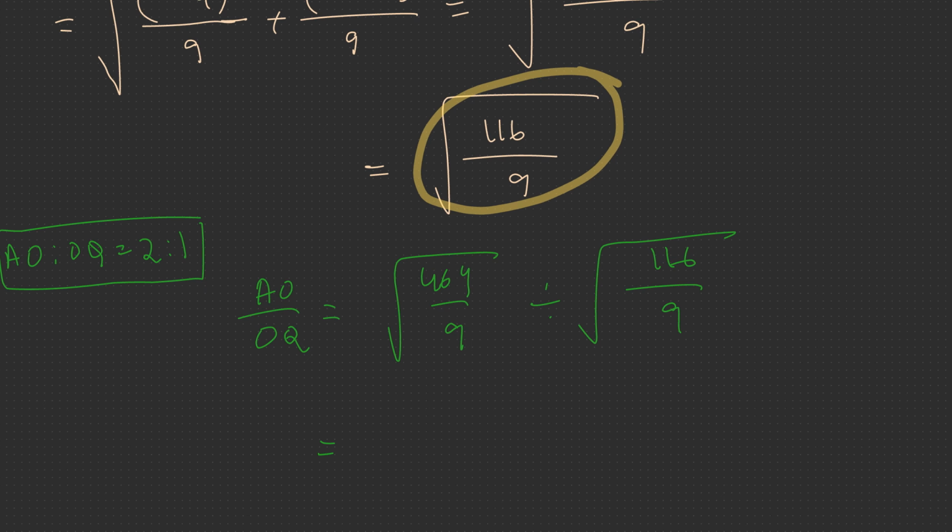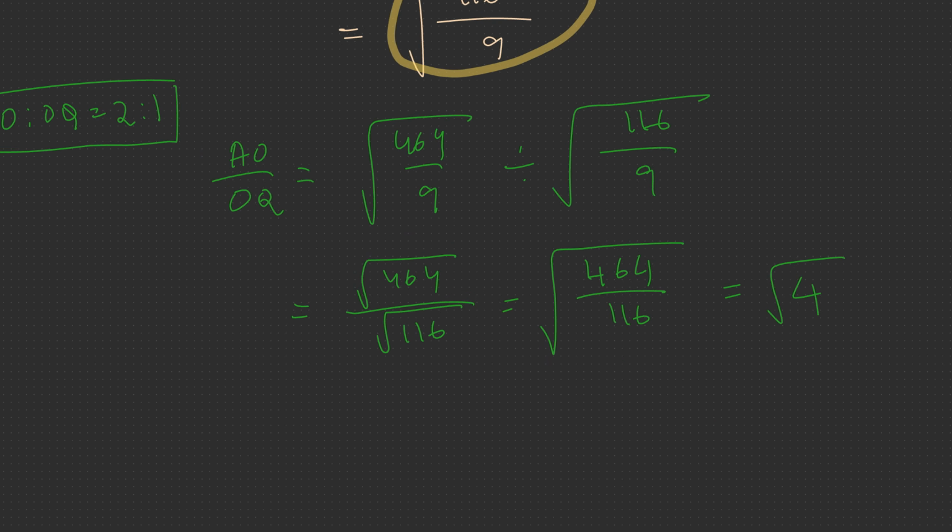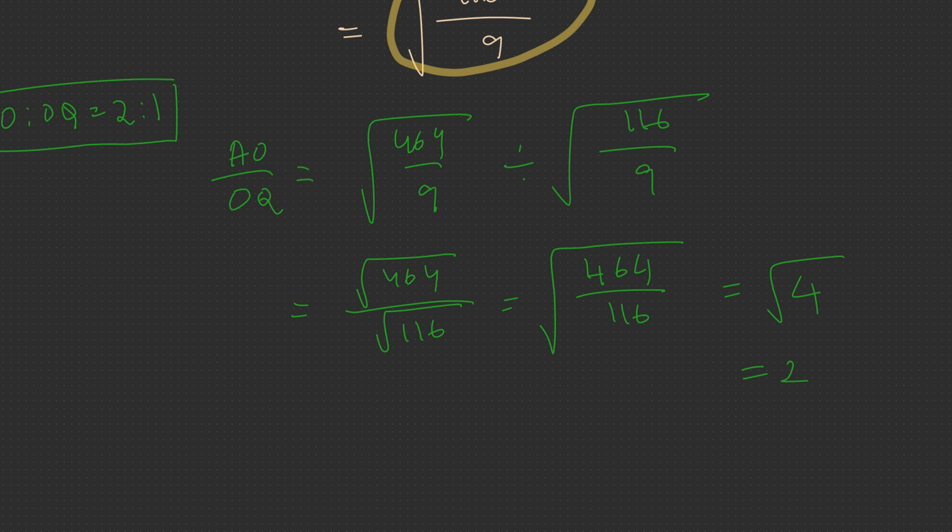So that is equal to square root of 464 over square root of 116. So I can write this as 464 over 116, and that is equal to square root of 4, and that is 2. Hence AO over OQ is 2 over 1.